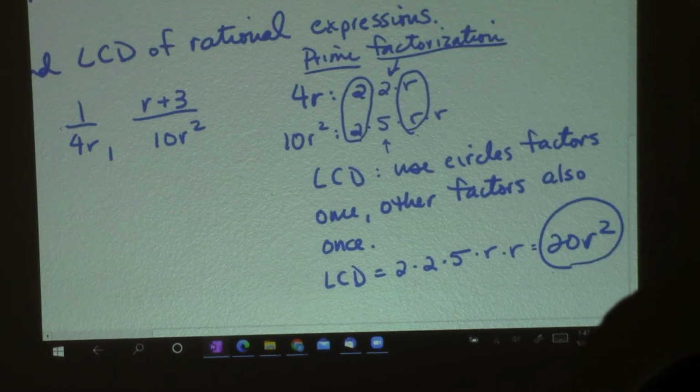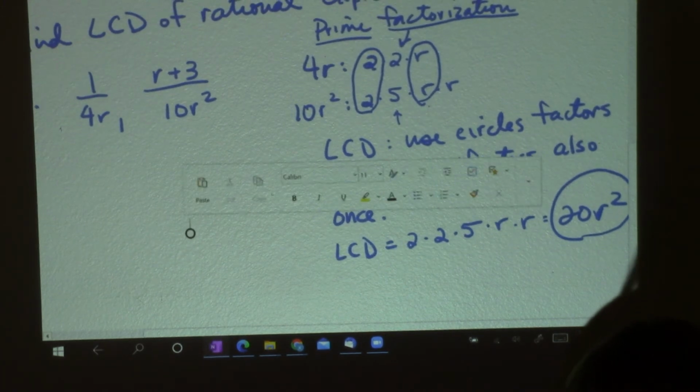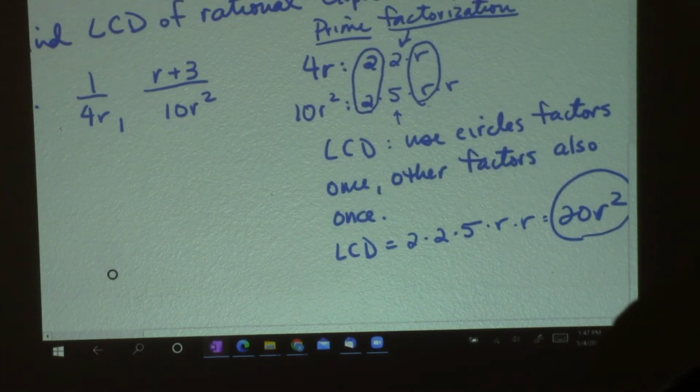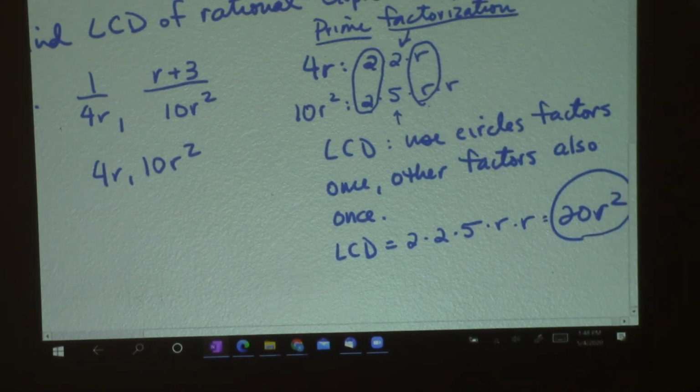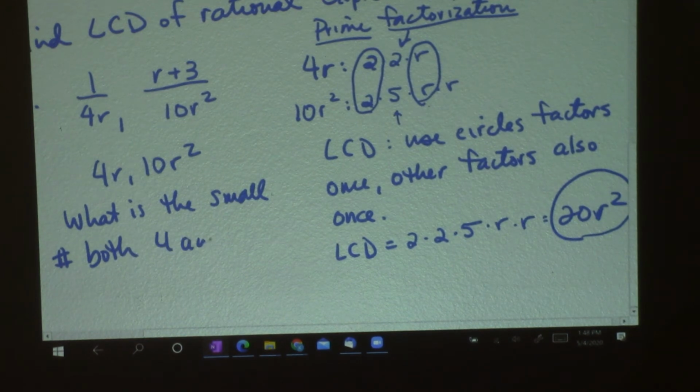Now, that is the very specific way to go about it. Now, you can look at this just to confirm. And you can say, okay, well, 4 and 10, what is the smallest number both 4 and 10 go into?